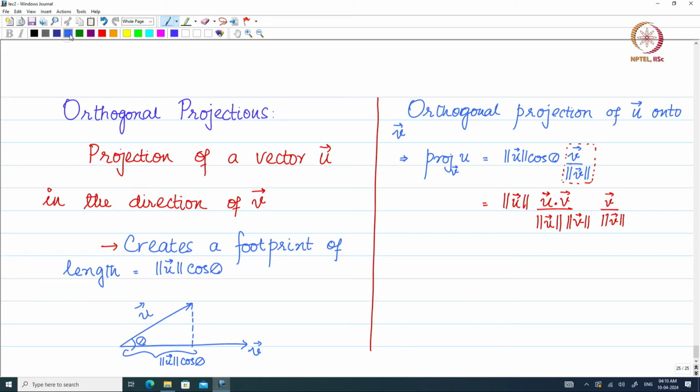So, you can see that these two can be knocked off. So, I have projection of u in the direction of v equal to u dot v divided by the squared norm of v, times v.